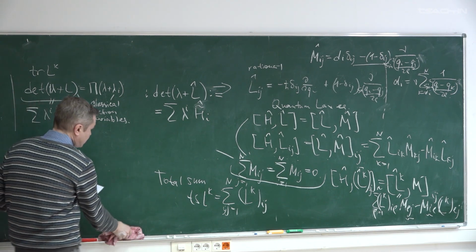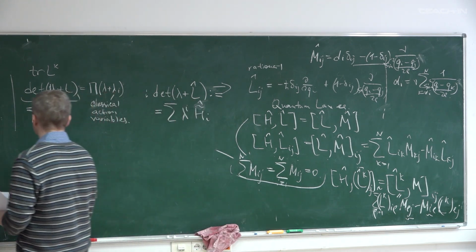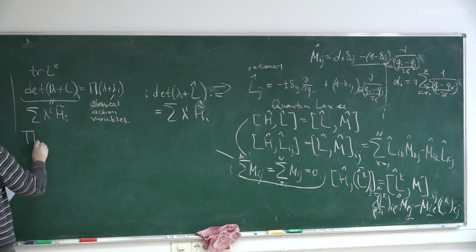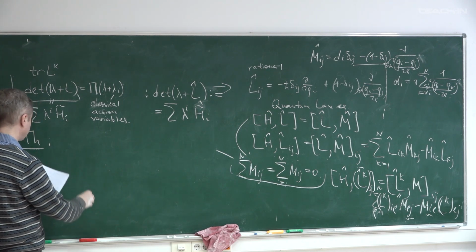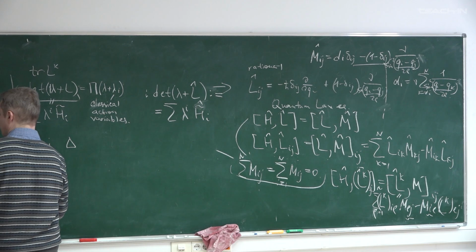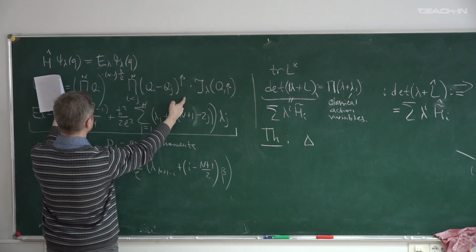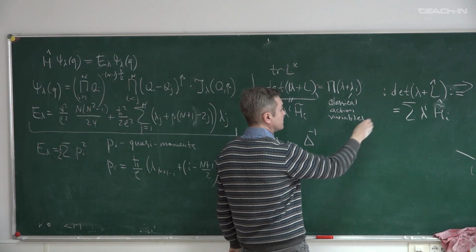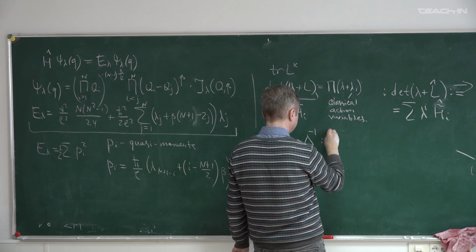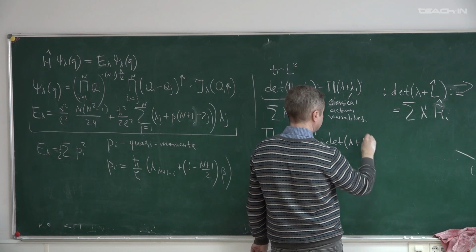Now let me formulate a statement. Statement or theorem. Consider the following expression. We choose this ground state, which we used here previously, and we conjugate this differential operator with this ground state.